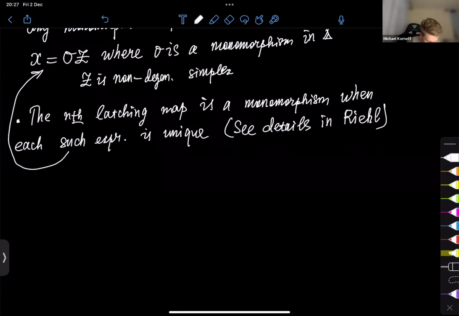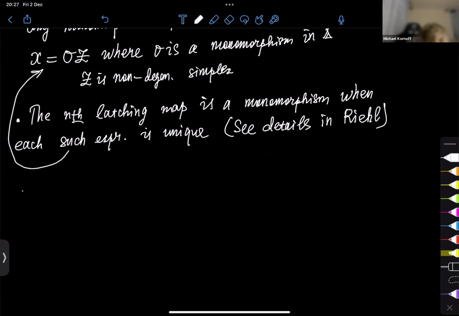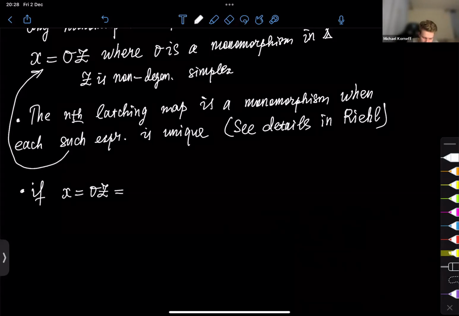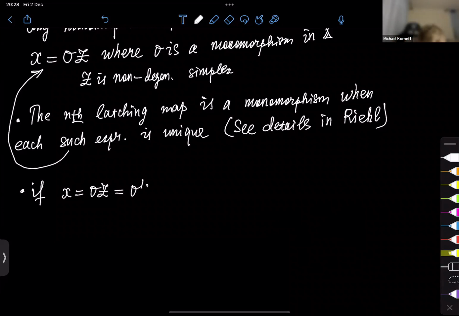Okay, and if the set of left inverses for a monomorphism uniquely characterizes that monomorphism, then if we have two variants of the representation of some possibly degenerate simplex X, it follows that sigma prime and sigma are the same.